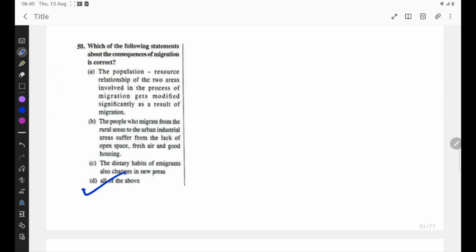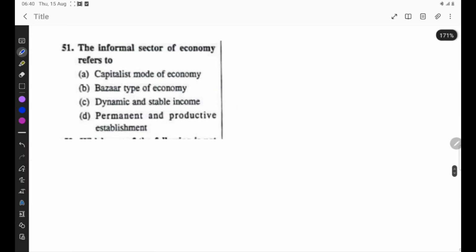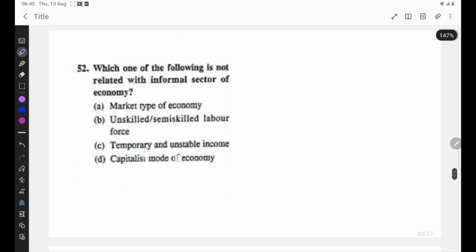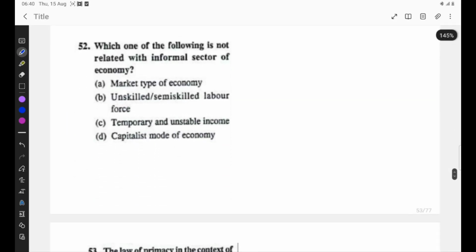The next question. The informal sector of economy refers to capitalist mode of economy, bazaar type of economy, dynamic and stable income, permanent productive establishment. So B. Option B is the right answer. Which one of the following is not related with the informal sector of the economy?